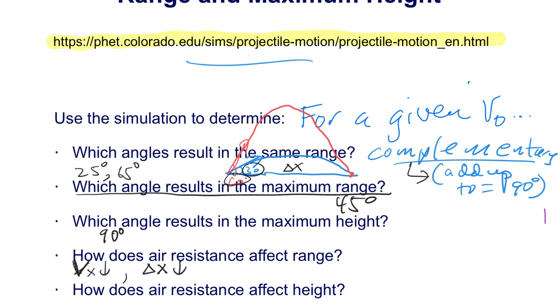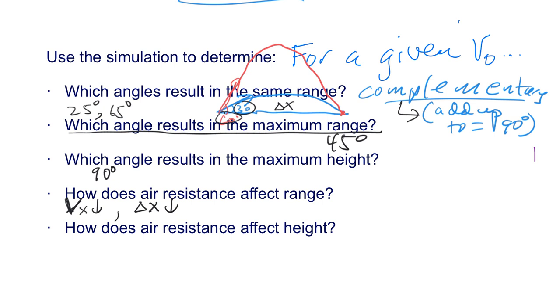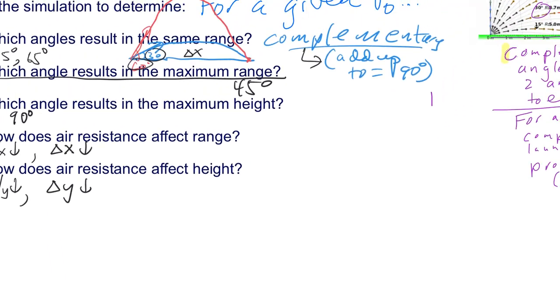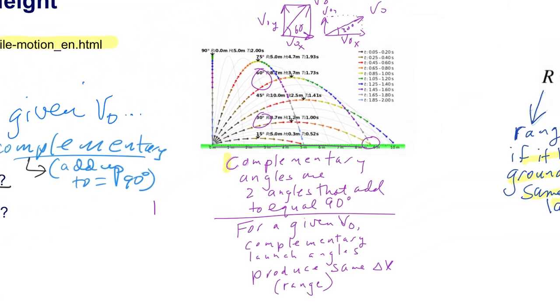How does air resistance affect height? Same thing. You have air resistance that's going to slow you down from getting to the height. So that would decrease your Vy over time, and so your height will be less too.